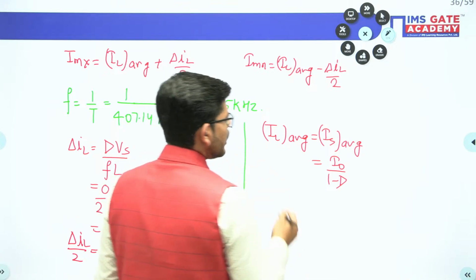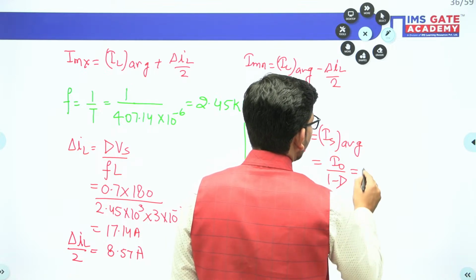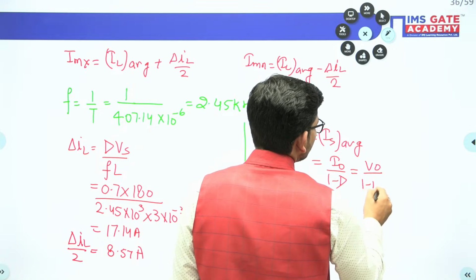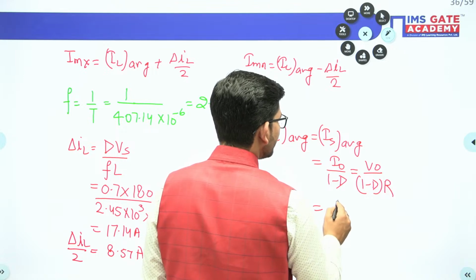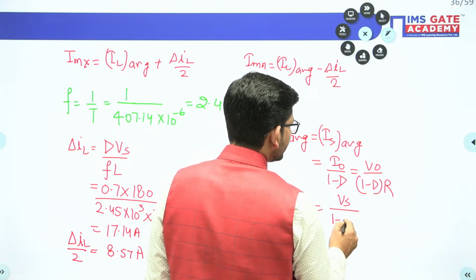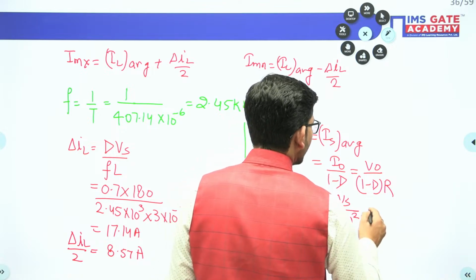Now what will be the I naught value? In order to calculate I naught, you will put V naught by R. For V naught, you will again put Vs upon 1 minus D. So this will be Vs upon 1 minus D whole square by R. Now we have all the data.